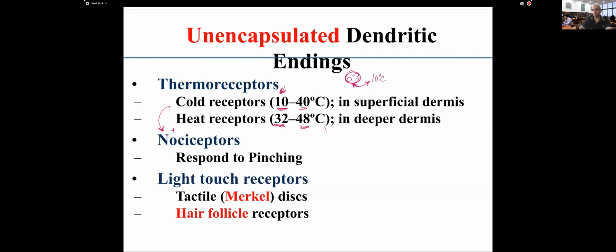Because of the extremely low temperatures that you get exposed to, this is going to cause a breakdown of some tissues, and as a result, you're going to have some pain sensation, detected by another type of receptors, which are the nociceptors.